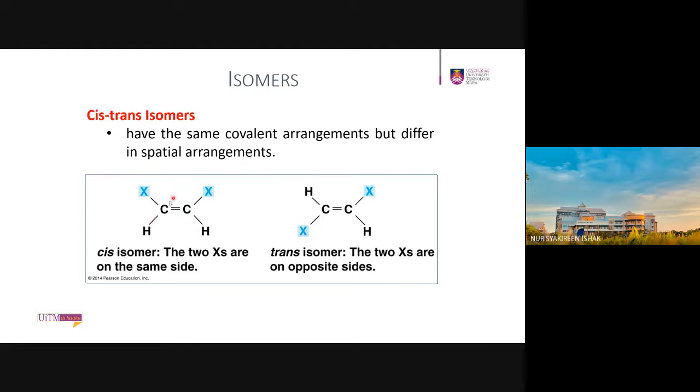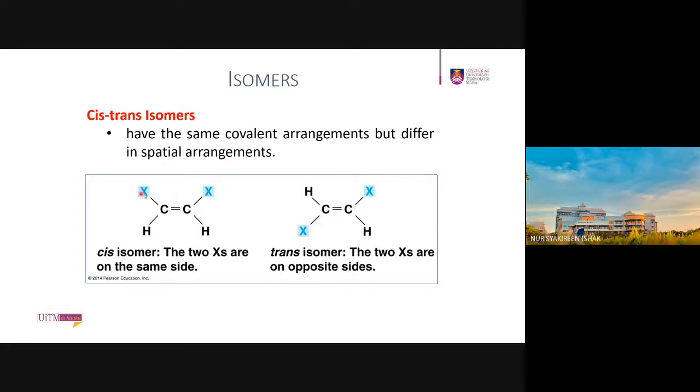This is the carbon that is bonded by a double bond. These two X's stand for a functional group. You can have a hydroxyl group, or you can have other different types of functional group here. These two functional groups are the same.